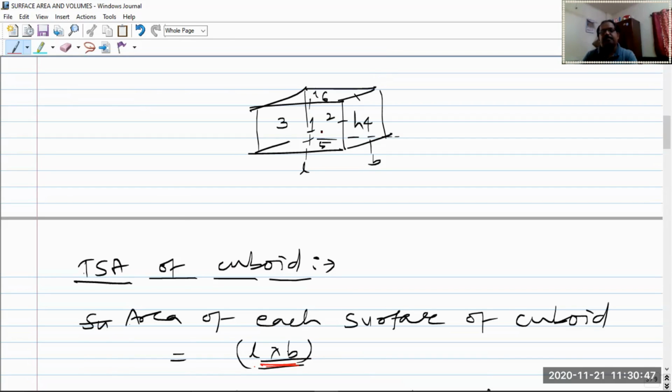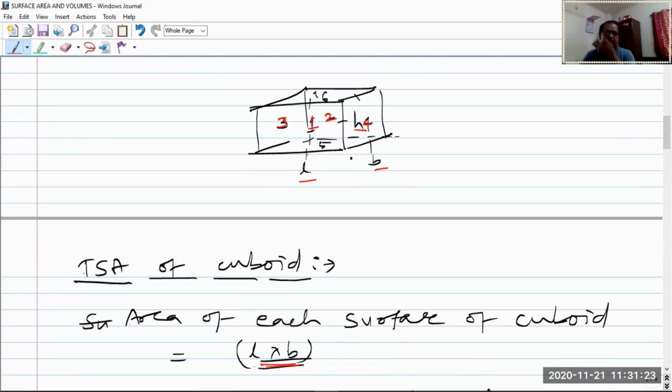Here it is a cuboid, a solid figure having 3 dimensions: the length, breadth and height, L, B and H. The front and the back, that is surface 1 and surface 2, have the dimensions length and height. Then surfaces 3 and 4 have the dimensions breadth and height, whereas the bottom and the top have the dimensions length and breadth.